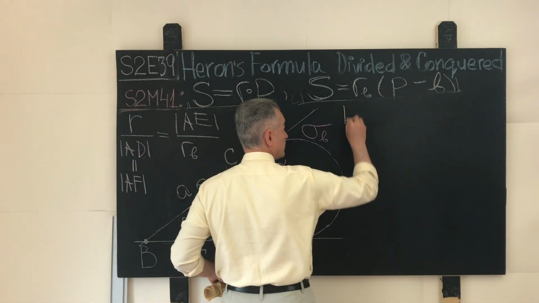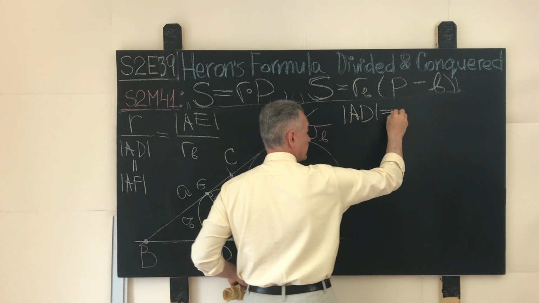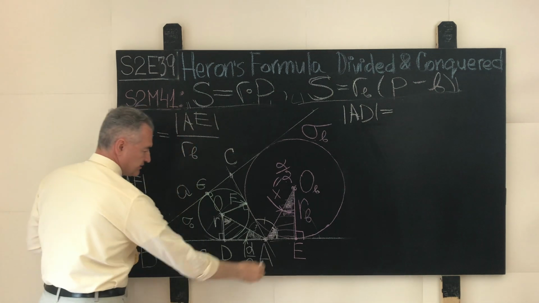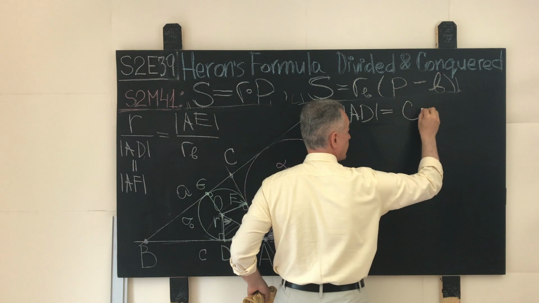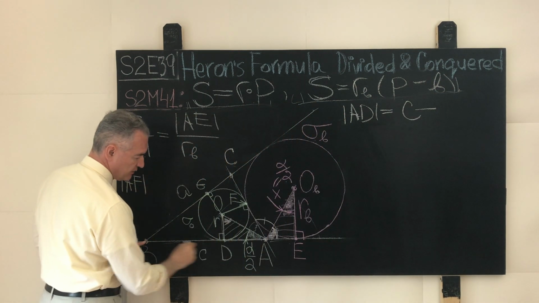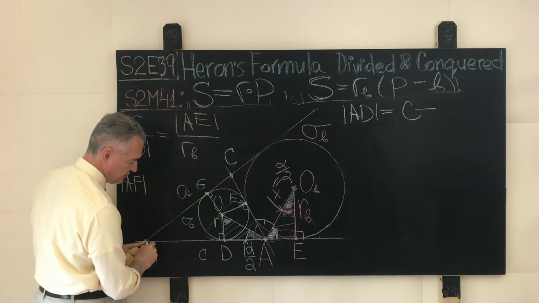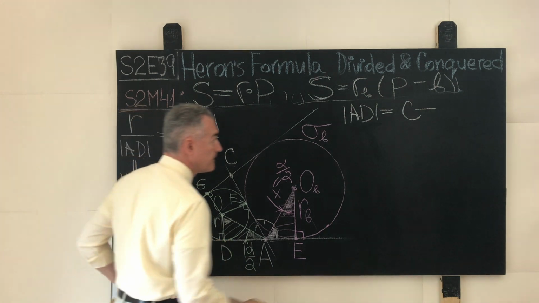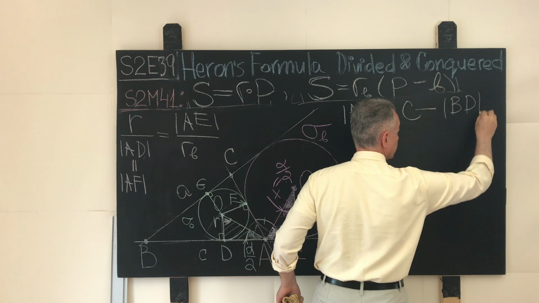The length AD is the length of the side c, minus the length of the line segment DB, or the distance between the points B and D. That's all there is to it.